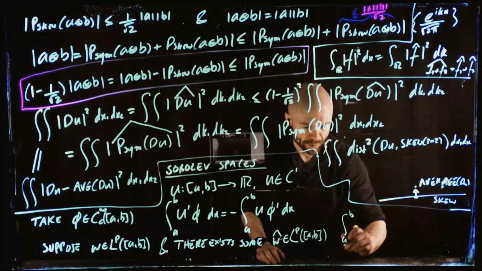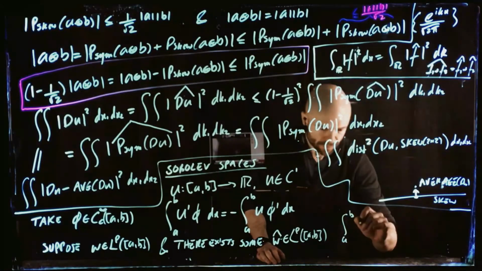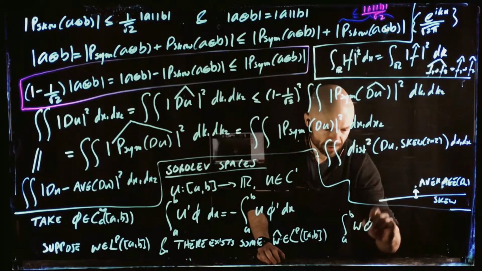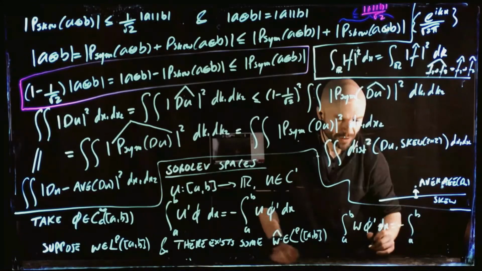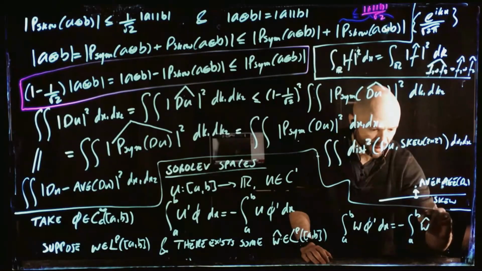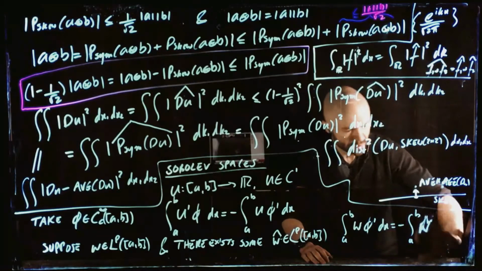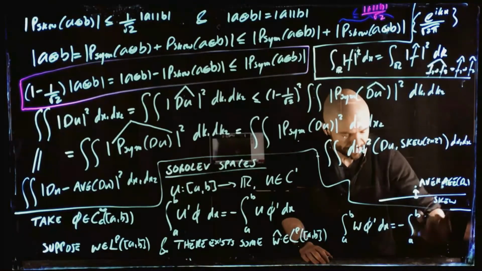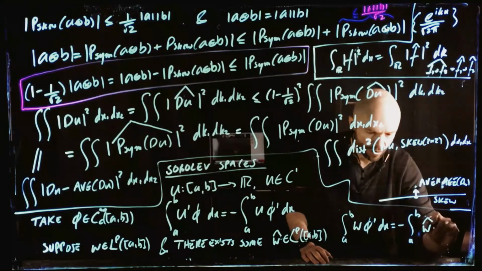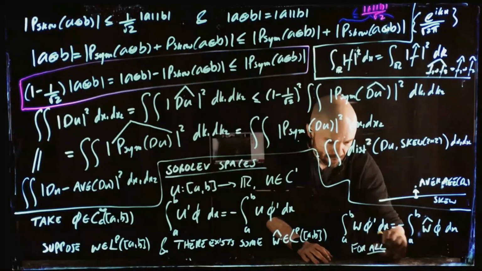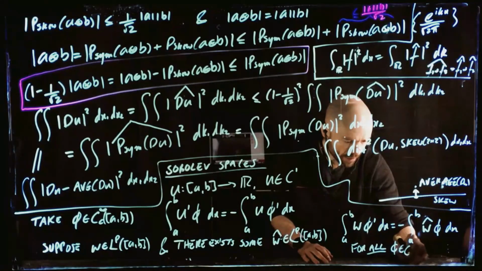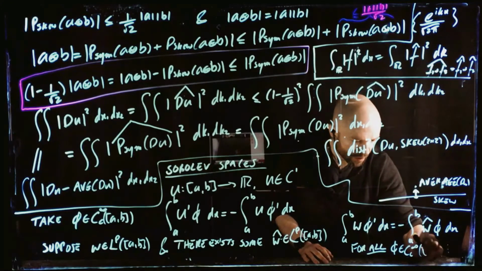Whenever we integrate from a to b of W times phi dx, that's the same as minus the integral from a to b of W hat phi dx. This is the key point, for all compactly supported test functions in our interval.